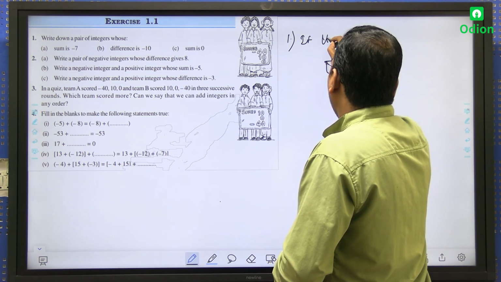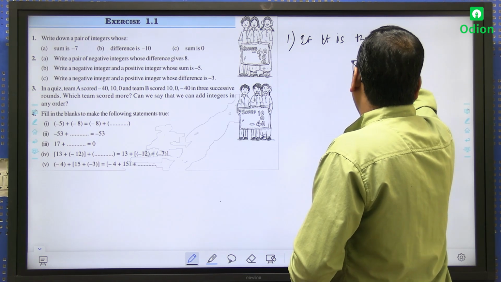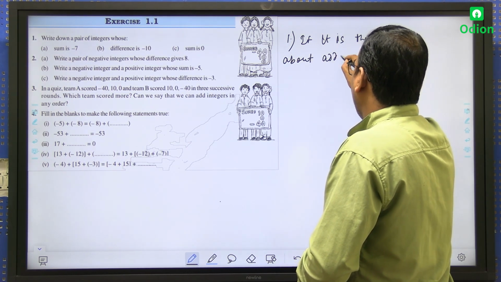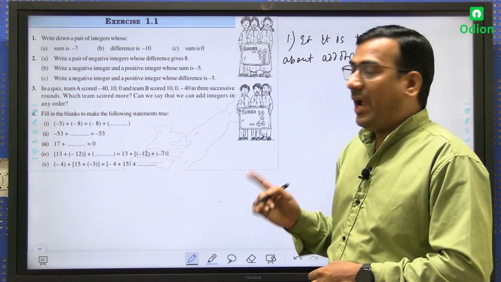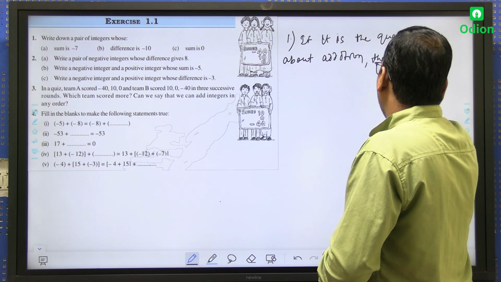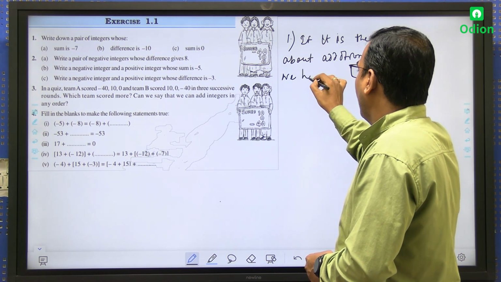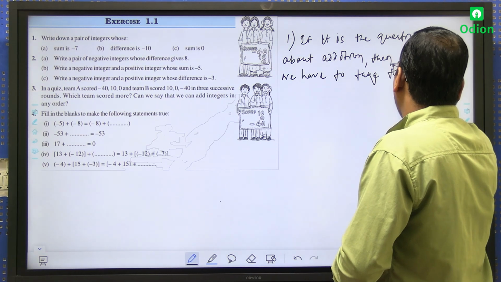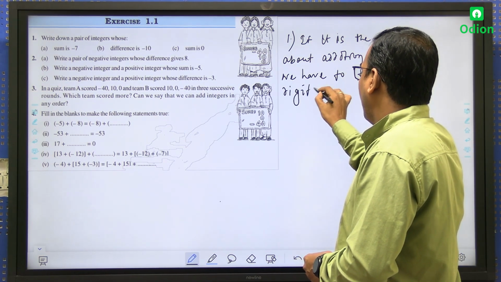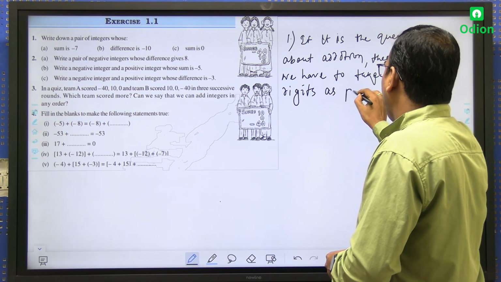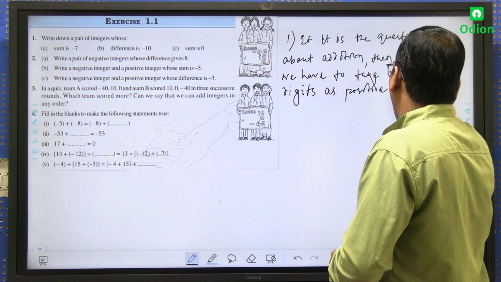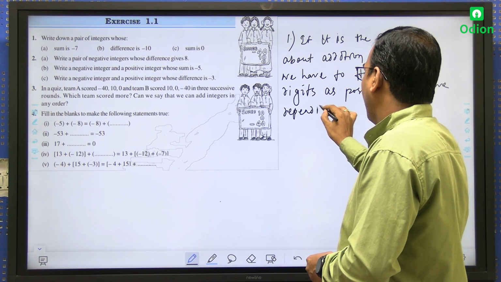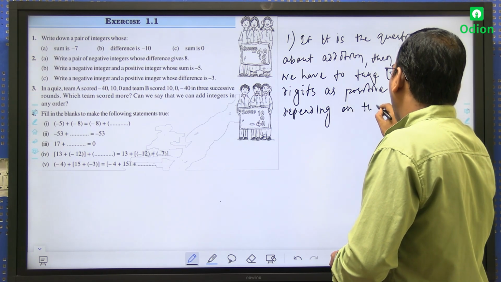If it is the question of addition, then we have to take the digits as positive or negative depending on the answer.